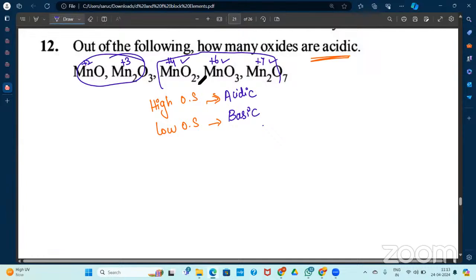And you can answer this question. What is the value of X in the complex RhCl(PPh3)x, which is used as a homogeneous catalyst for hydrogenation of alkenes? What is X?